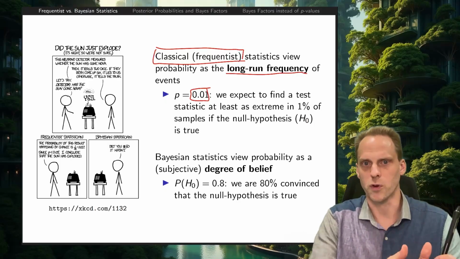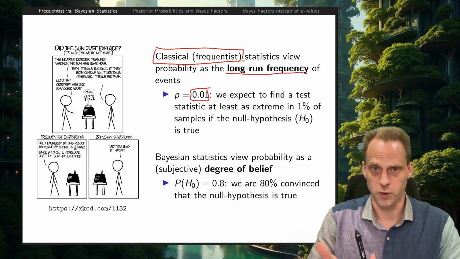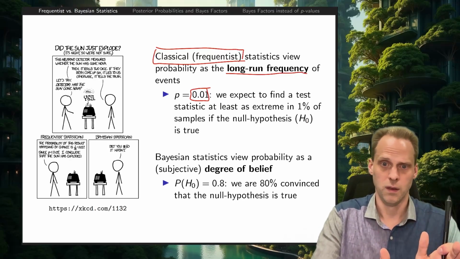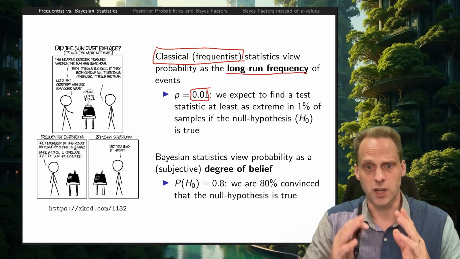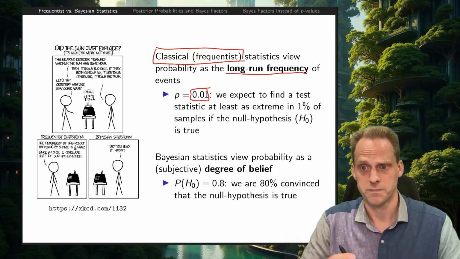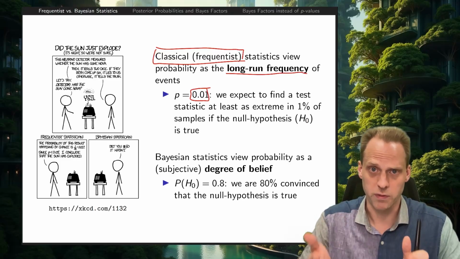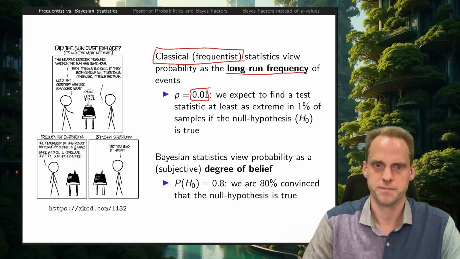It's not sometimes false and sometimes not false. It is always false or it is always not false. And if it is false, then we find a significant effect with a probability equal to our power. If it is not false, so if the null hypothesis is true, it means there is no real effect. We find a significant effect equal to our alpha level, which we determine.